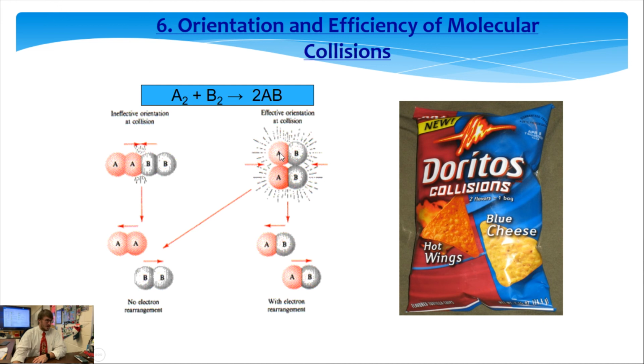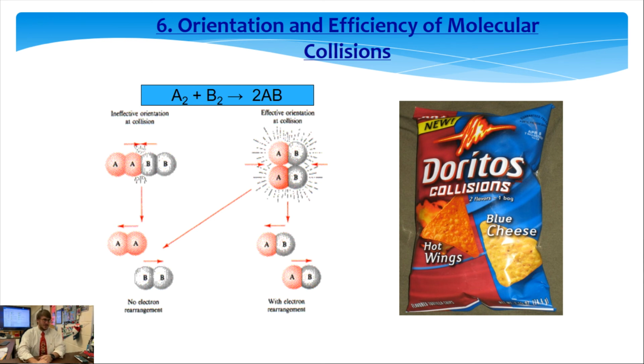So if the AA molecule strikes right up against the BB molecule and you have an A next to a B and an A next to a B, then they're already apt to be in the product arrangement. So they're already in the AB format. Okay. If instead they collide next to each other, well, only one of them might collide, but that may not provide enough energy to actually make the collision worthwhile and effective.